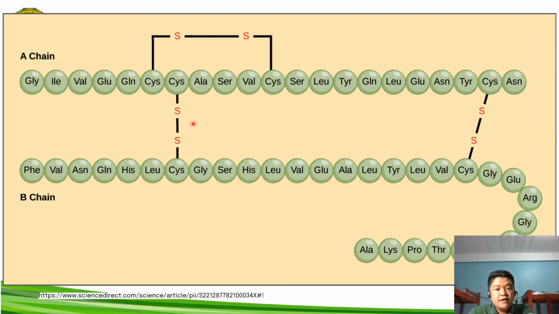They are still connected by way of the disulfide bond at the cysteine residues at these two locations, and we have here an extra disulfide bridge at the 6th and the 11th residue, cysteine residue.